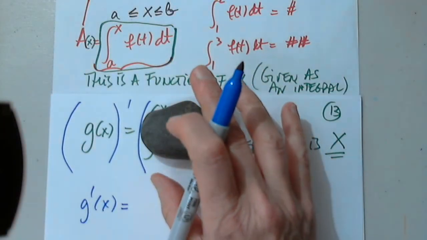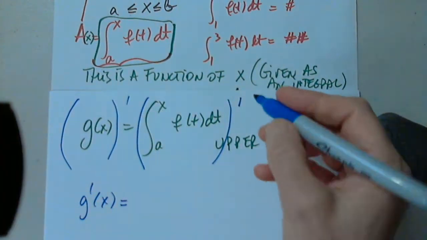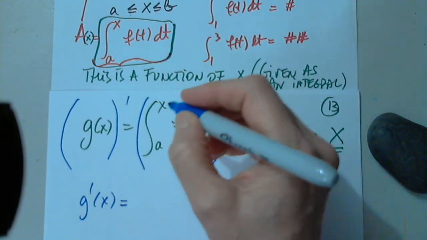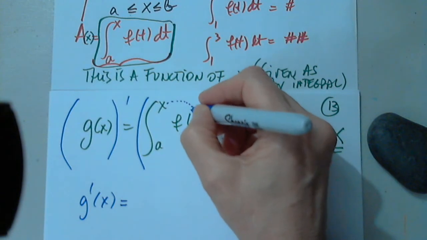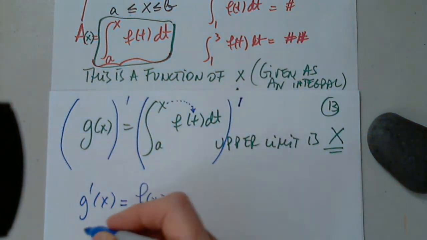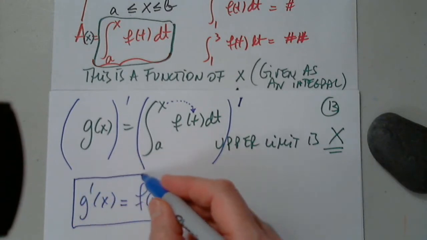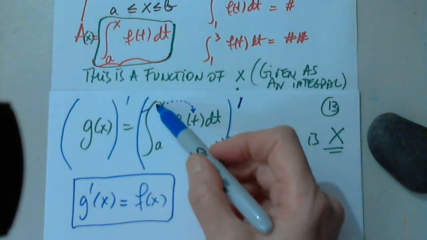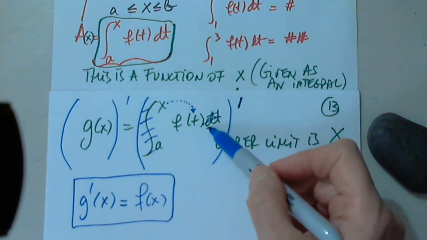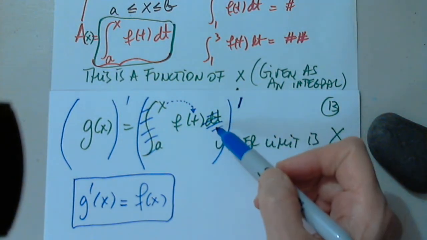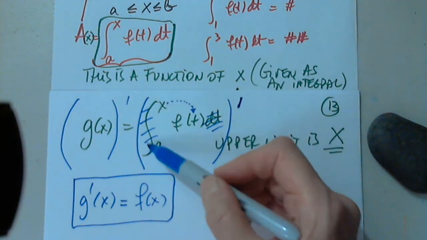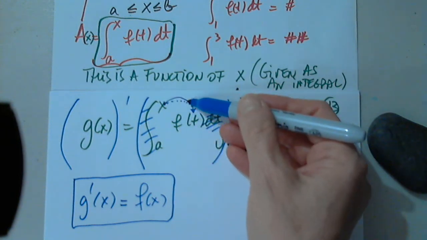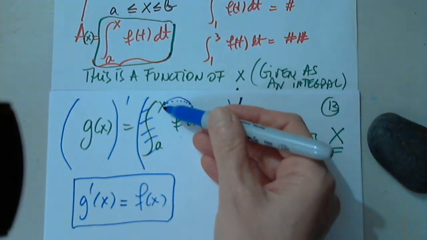Now the right-hand side: when I differentiate an integral, I get the function back. This symbol disappears, this symbol disappears because they are together. So when I differentiate an integral, this goes away, this goes away. And what do I get back? I get the function of this.